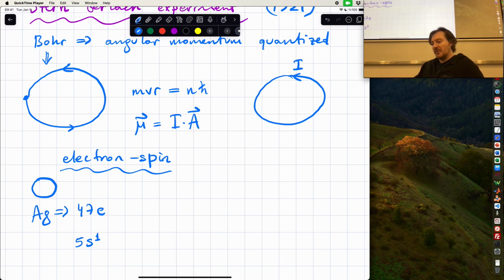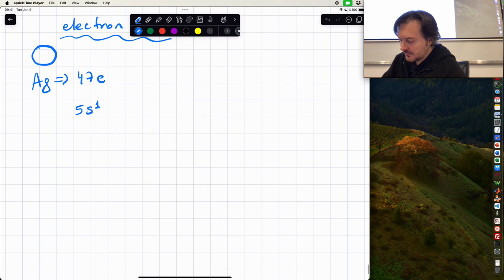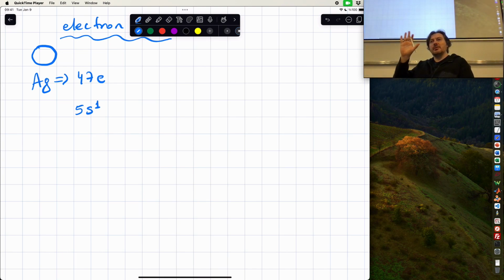Now what Stern-Gerlach does, it says, okay, if I apply a magnetic field, then it would just flip the spin. No, not the spin. There's no spin. Angular momentum. Flip the angular momentum. Okay, magnetic dipole moment. But they want to move the ions, the atoms.